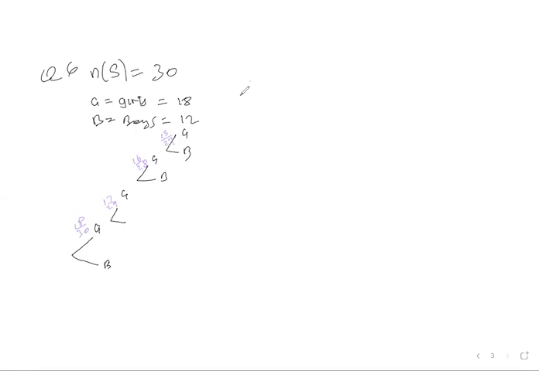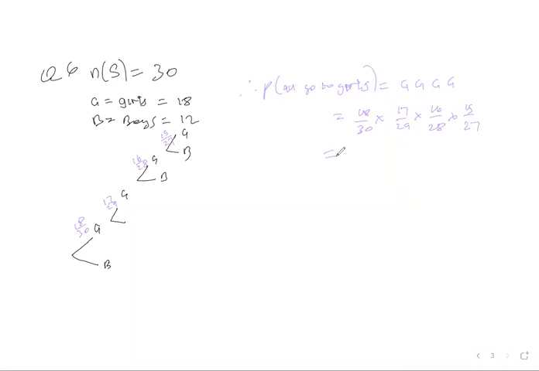So the probability that the tickets go to girls will be equal to simply GG, which is equal to 18 over 30 times 17 over 29 times 16 over 28 times 15 over 27.